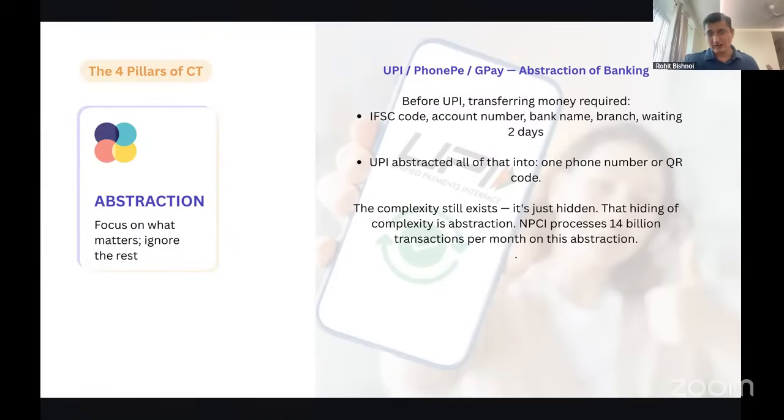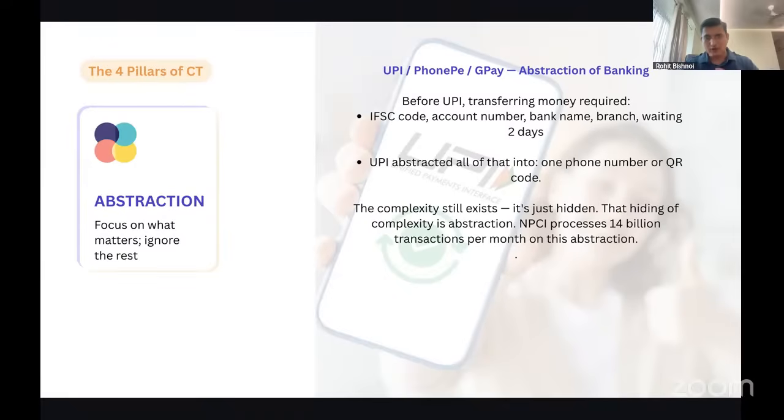And I remember clearly that a couple of years back, a check transfer used to take more than a day, sometimes 2 days also. Now, why was it taking such a long time? Because they had to check every single thing for each given check. UPI abstracted all those things and connected the phone number or the QR code with your bank.